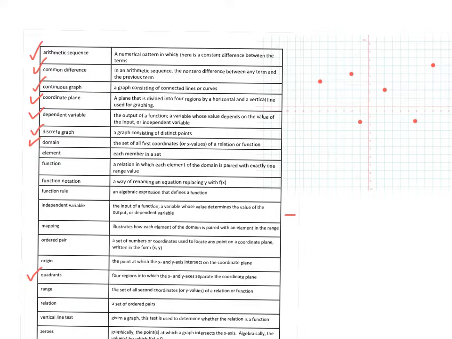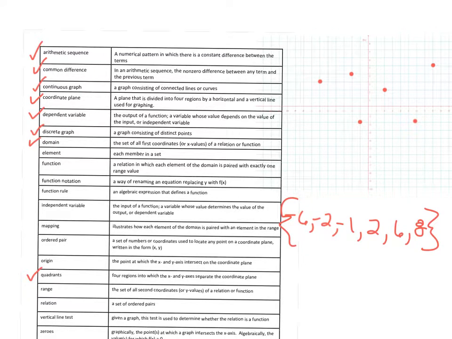So we'd have a -6, and then our next value is -2. Then we have -1. We have a 2. We have 6 and 8.